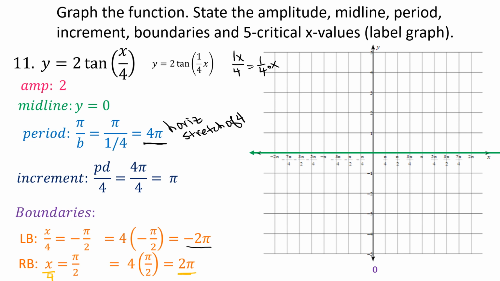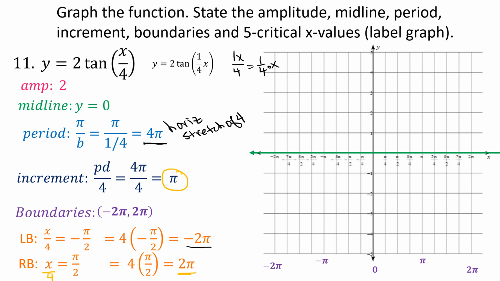So my graph already has all of these increments listed. You guys can choose, since we're counting by pi, and I'm going from negative 2 pi to positive 2 pi, that would be negative 2 pi, negative pi, 0, pi, 2 pi. Those are going to be my x values. And you can count by 1 space or 2 spaces for every pi units. Mine just has it as showing all the pi over 4 units across.